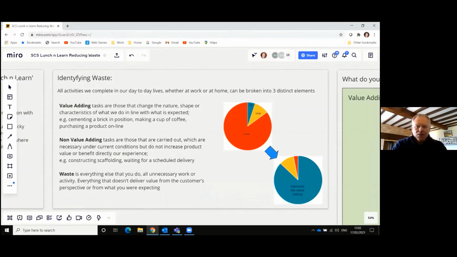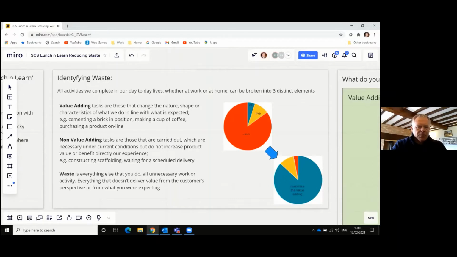Well, these are the things that we do that ultimately give a value to what we're delivering to the customer or the person that's receiving either the product or service. So in construction, it may be the finished article, the finished building, the handover of that finished product that we're giving across.